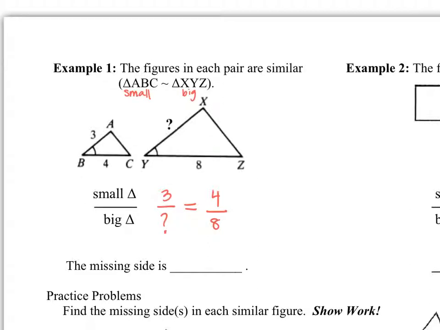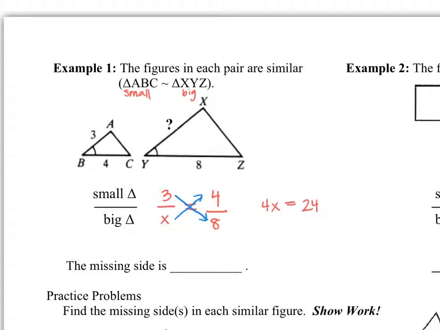And instead of the question mark, I'm going to do this because I want to use a little bit of algebra to figure this out. Instead of the question mark, I'm just going to put an X there. It's the same thing. It's our unknown. So the way we solve a proportion is we cross multiply. I'm going to do X times 4. That's 4X. Equals 3 times 8, which is 24.